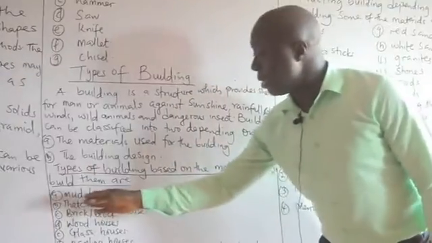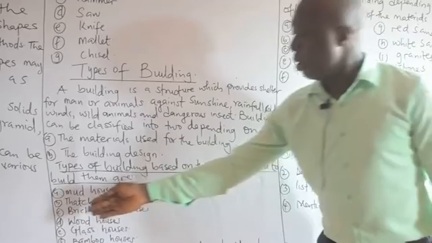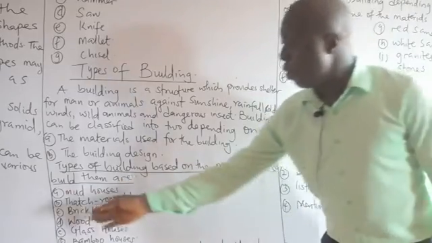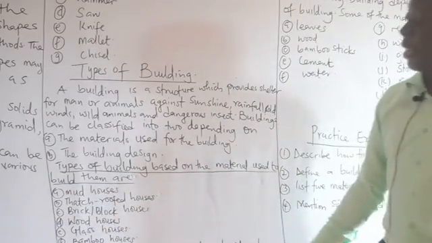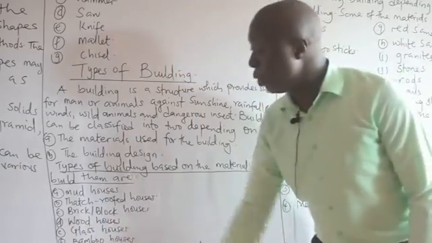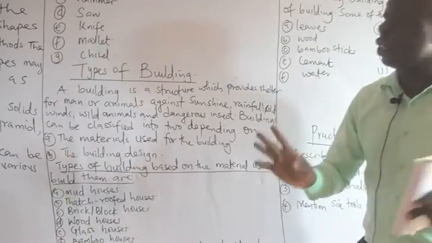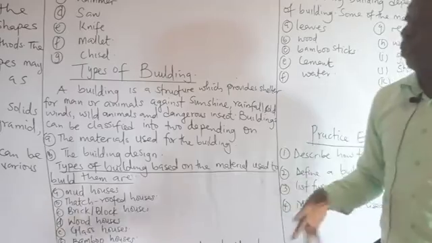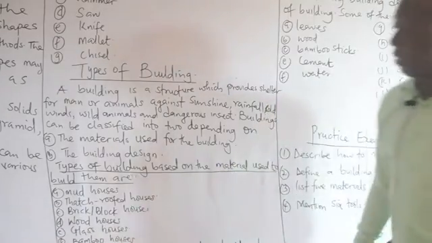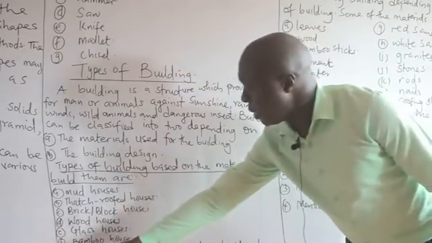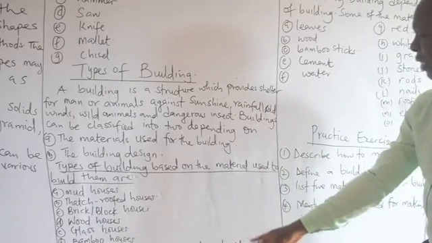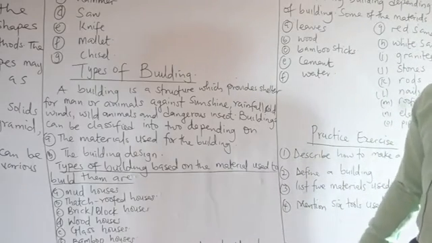Mud houses, thatched roofed houses, brick or block houses, wood houses, glass houses, and there are some buildings that are constructed using bamboo sticks. That is bamboo houses.